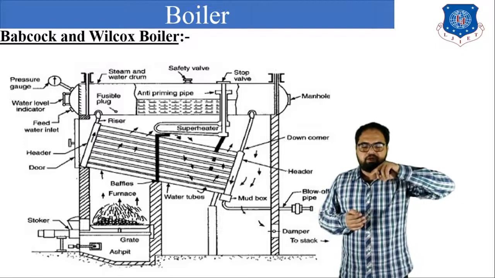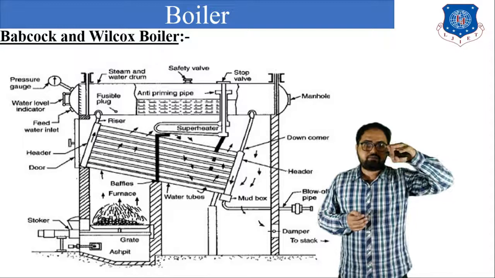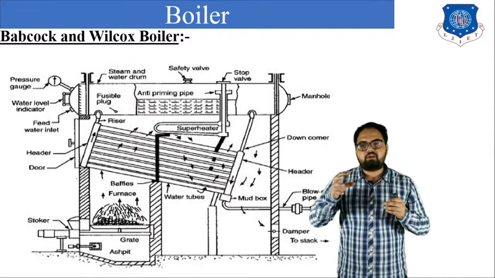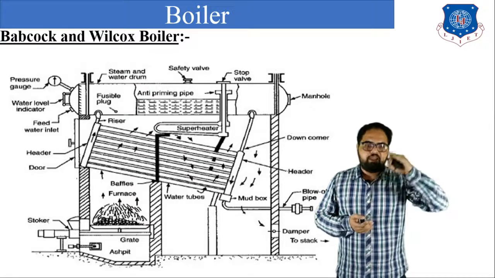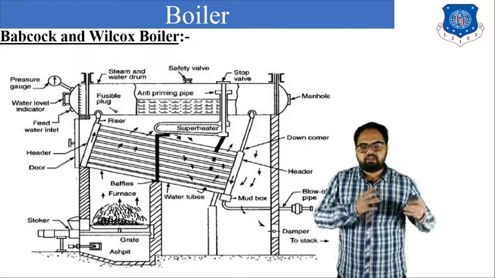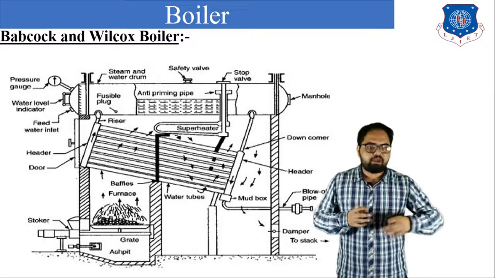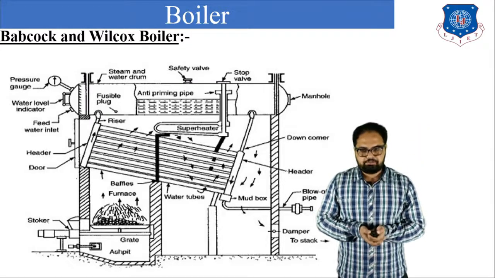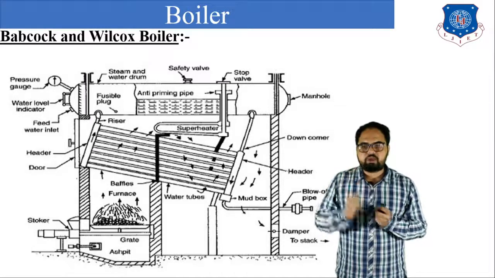When the hot flue gas travels in sine wave form, it comes in contact with the superheater, where dry saturated steam is converted into superheated steam, and at the end, with the help of the forced draft fan, all the flue gases are released to the atmosphere through the chimney. This is one circuit, which is called the hot flue gas circuit.